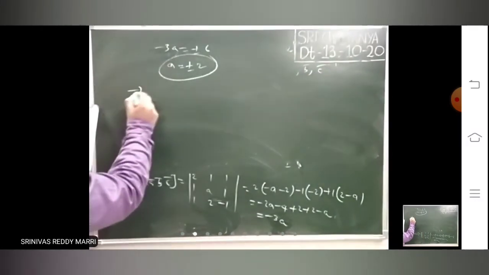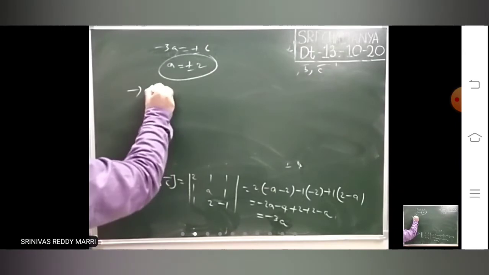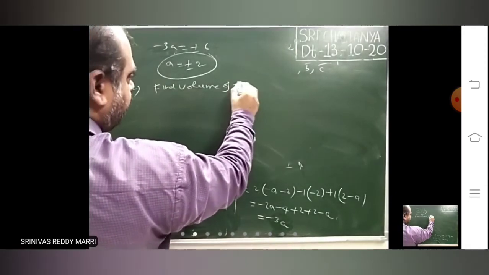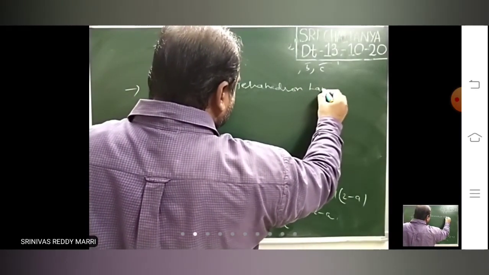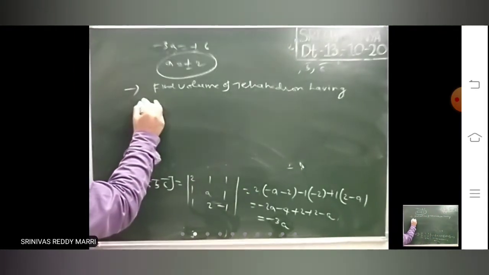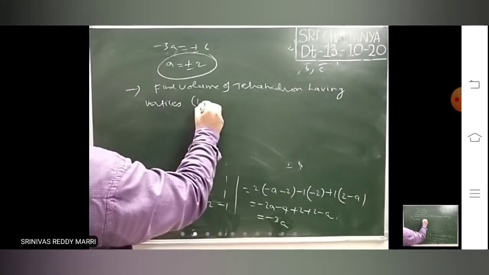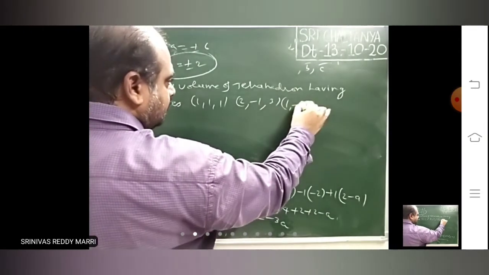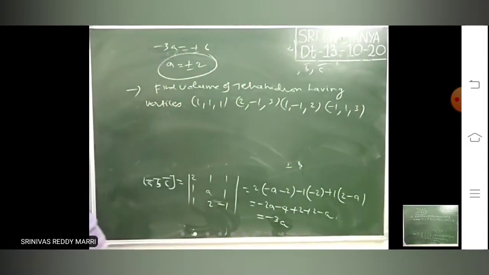Last problem. Find the volume of the tetrahedron having vertices given.